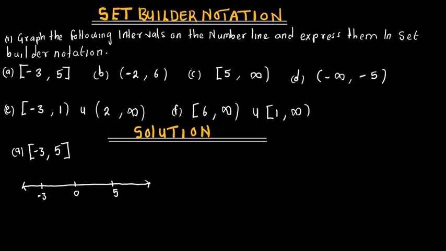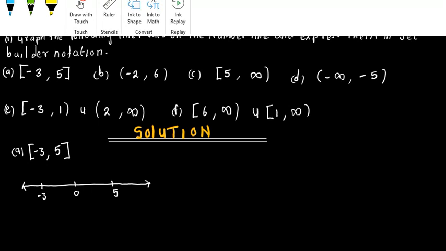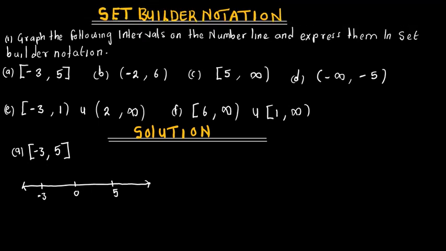Our range for this particular interval is coming from this point being included and this point being included, because -3 and 5 are both included.